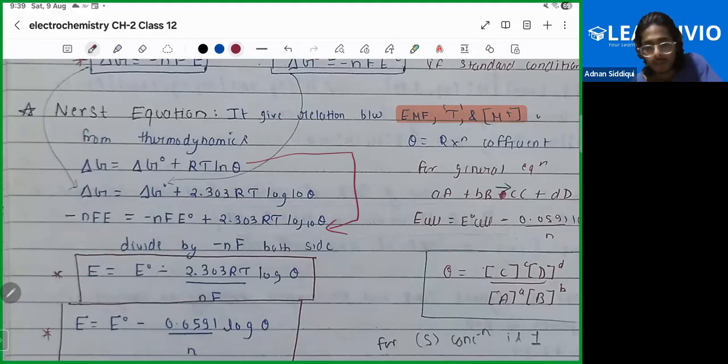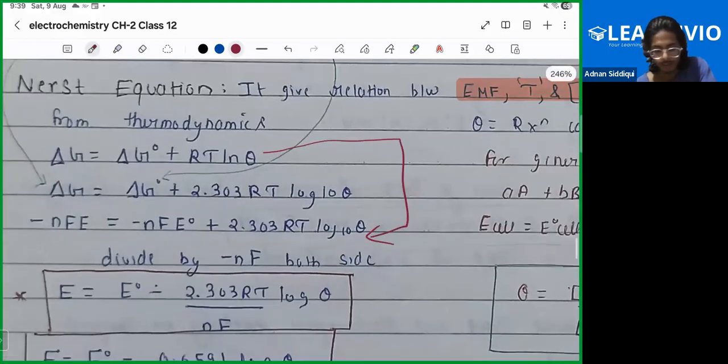Is there any part where you are thinking about how this happens? Try to see it. We started with the thermodynamics formula that we know, which we studied in 11th class, and we just replaced delta G with nFE, and we expanded the natural log into log by multiplying it by 2.303.